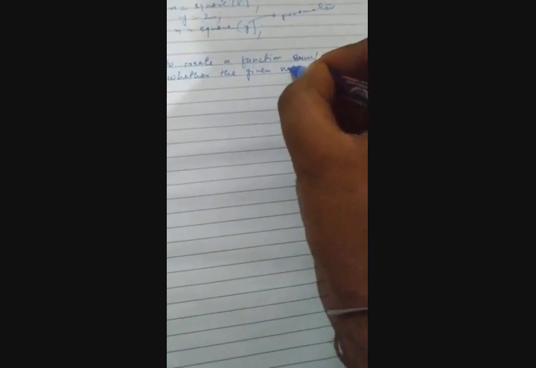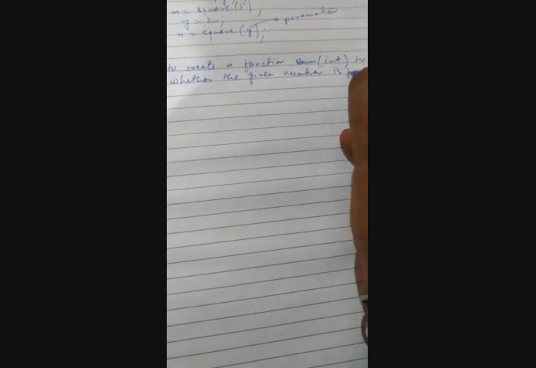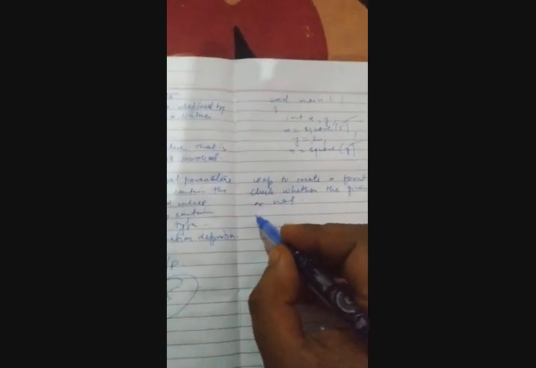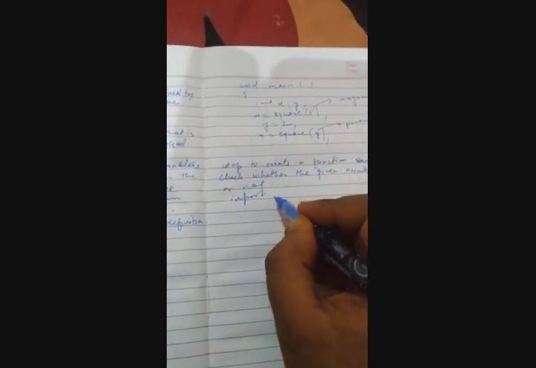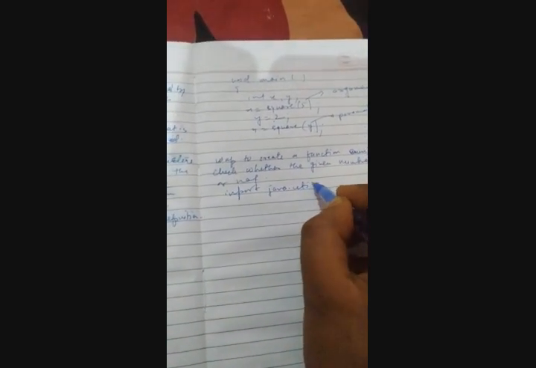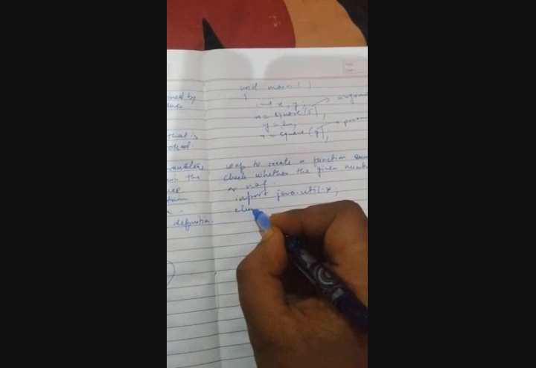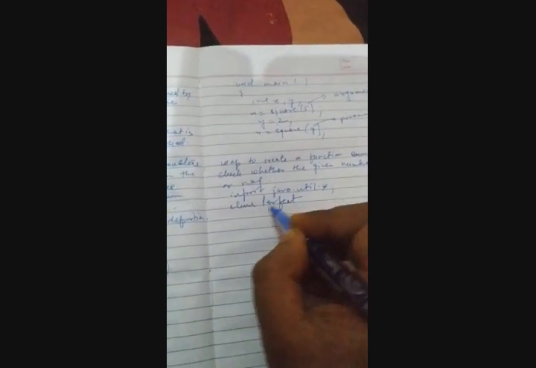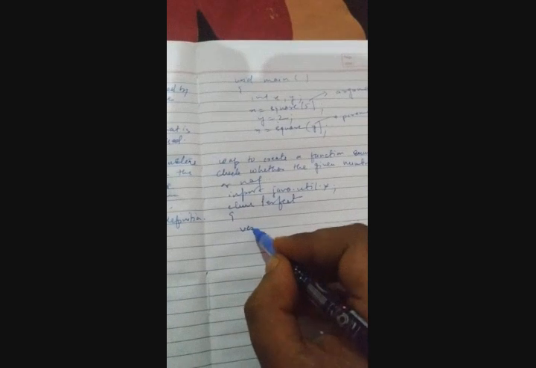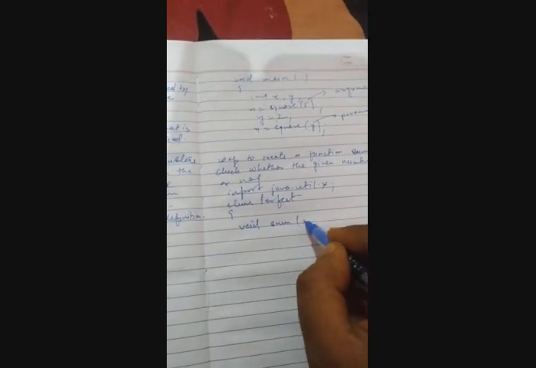Create a function sum int to check whether the given number is perfect or not. Again import java.util.Scanner class.